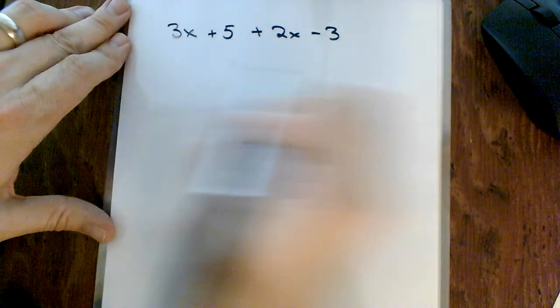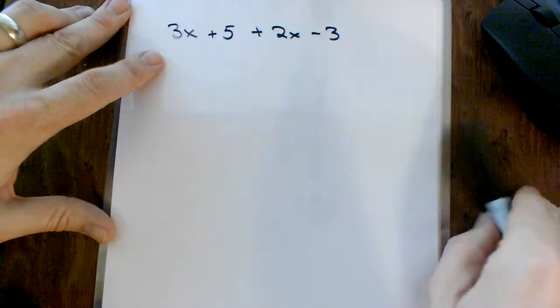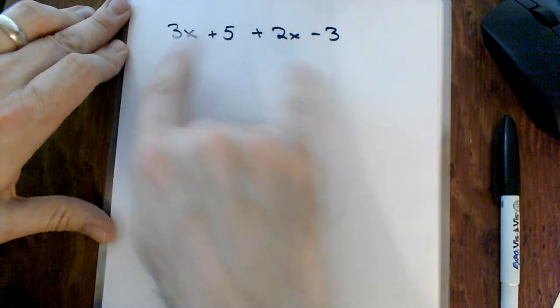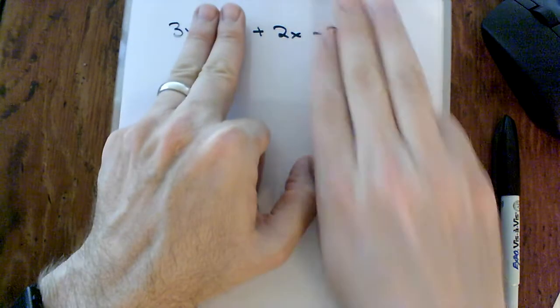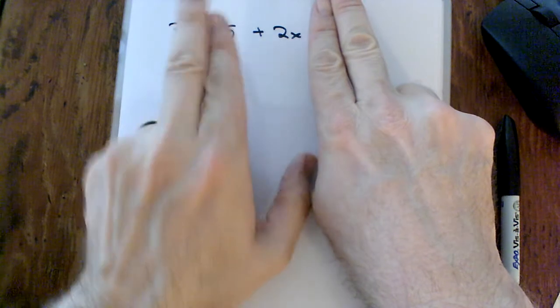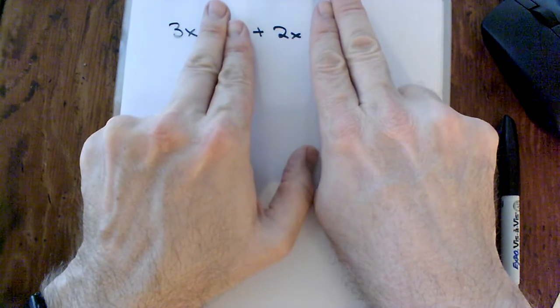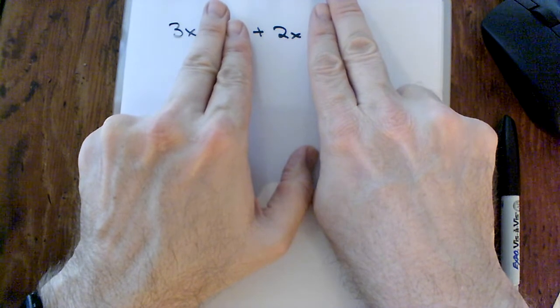With something like this, I've got 3x and I've got 2x. And if I were to add those things together, I would end up with 5x.